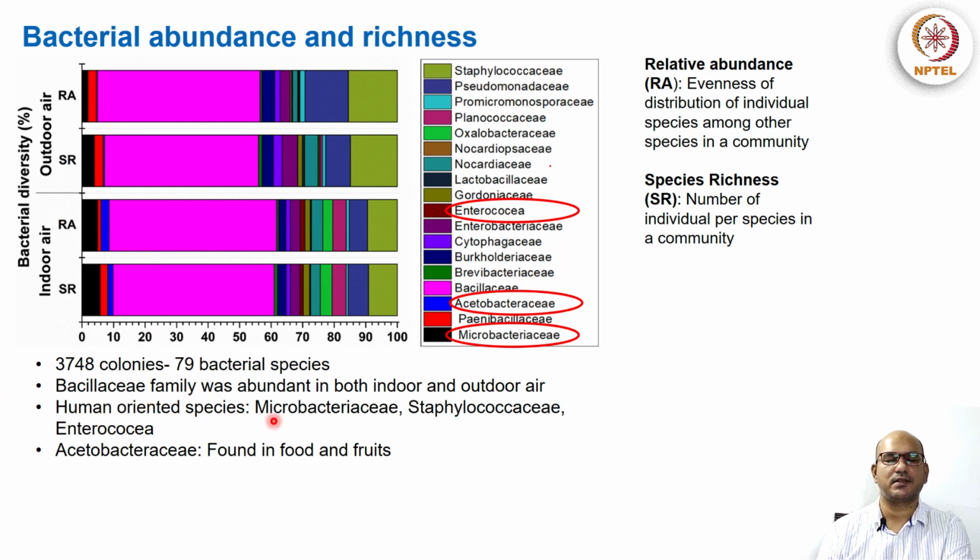Human-oriented species such as Microbacteriaceae, Staphylococcaceae, and Enterococci were also observed. Additionally, the species found in fruits and food, Acetobacteriaceae, were also found.